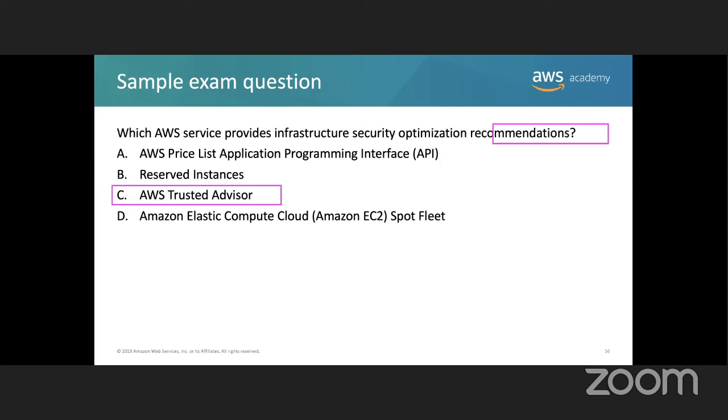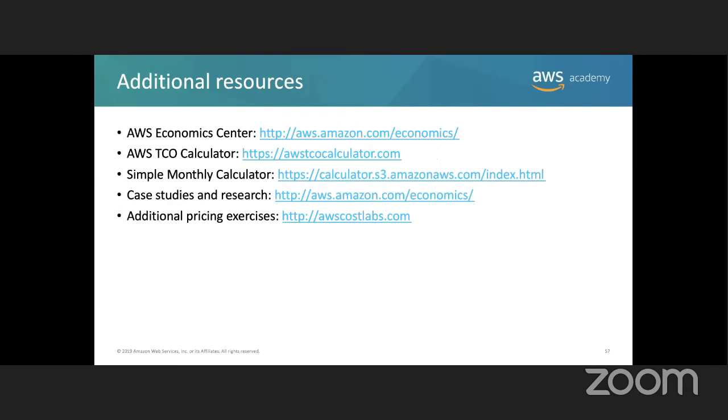Yes, that's a trick for your exam. That's a tip. When you see recommendations, a service that offers recommendations for security, optimization, cost, and things like that, it's AWS Trusted Advisor. Okay. So additional resources you have here: the Economics Center, TCO calculator, case studies and research, additional pricing exercises. I can post this on Slack when we're done with the class, right?